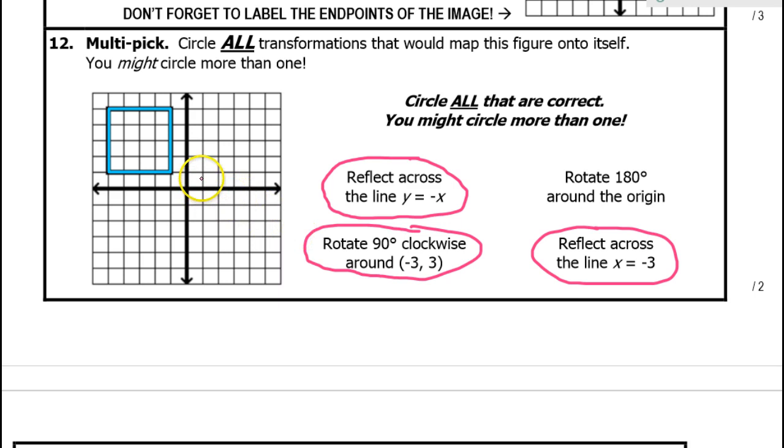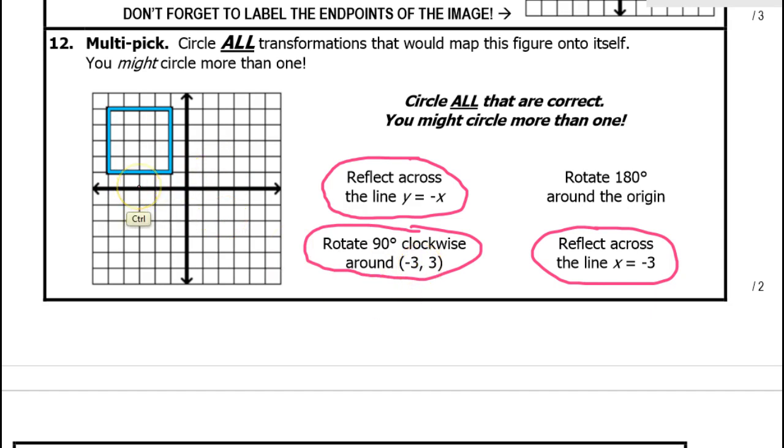Okay, I need to be more careful. It says 90 degrees clockwise around the point negative 3 comma 3. Is this point in the center of the square? Because the rotation I just did, I was rotating around the center of the square. I wasn't rotating around 0 comma 0. So is this point at the center? Let's see.